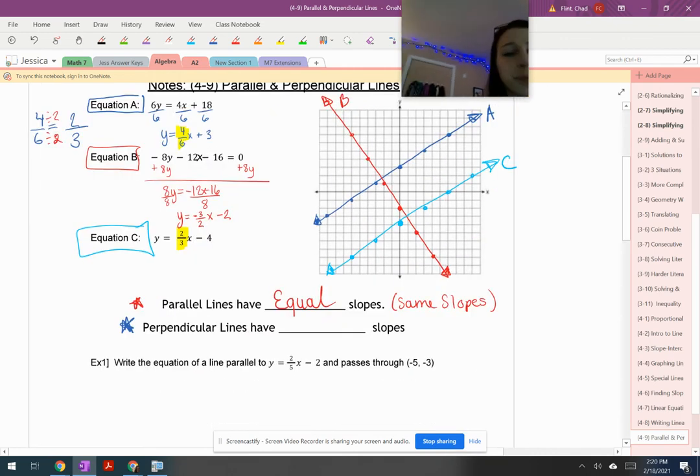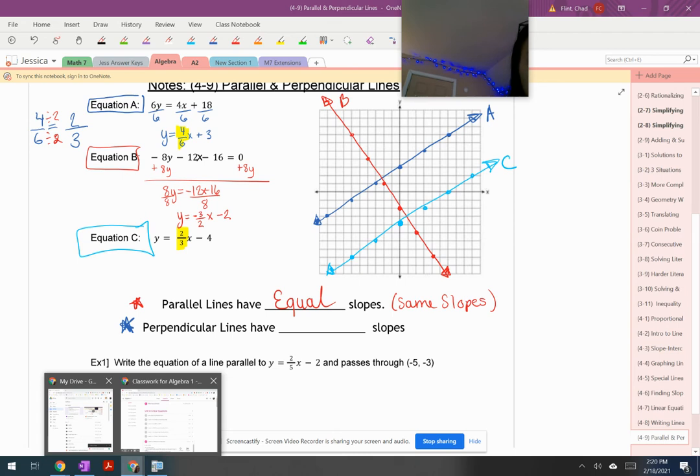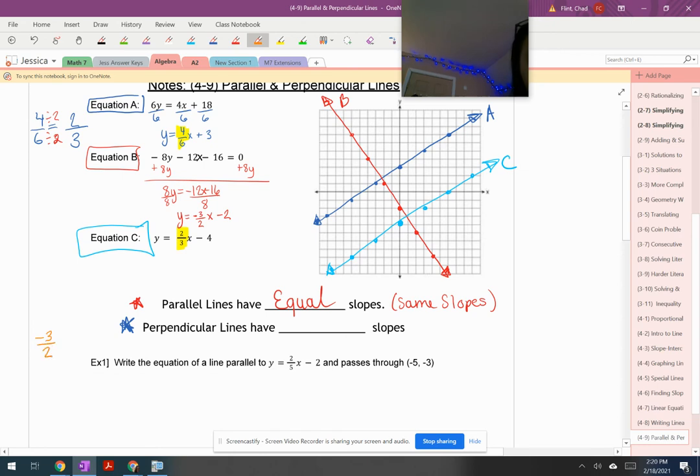So if you look at the slope of equation B, which is -3/2, and you compare that to the slope of equation A or C, which is 2/3, what do those have in common? Well, you might be noticing that the numbers are flipped, the 2 on the top and the 3 on the bottom, and also the signs are changed.